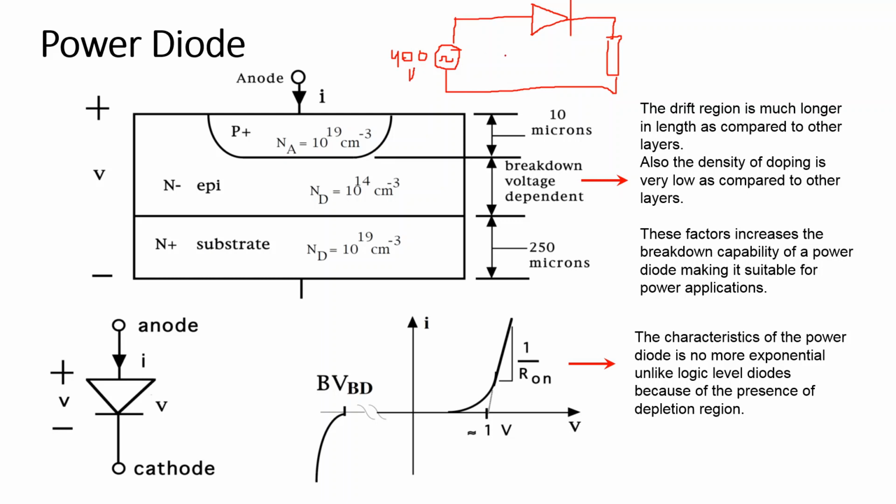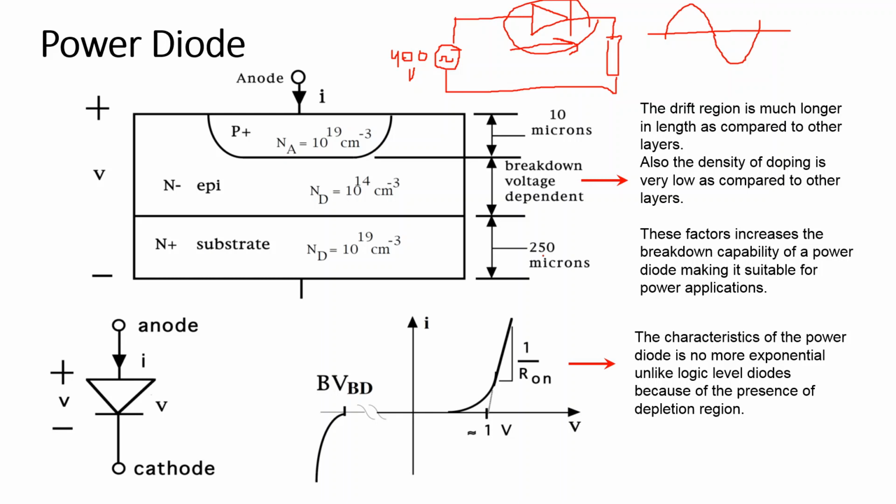So for the positive half cycle this power diode conducts in the forward direction, and when the negative half cycle comes, this cycle is blocked by this power diode because the power diode is reverse biased.